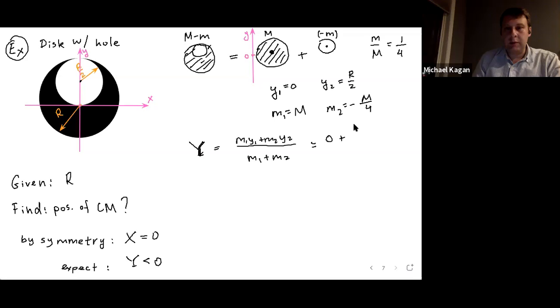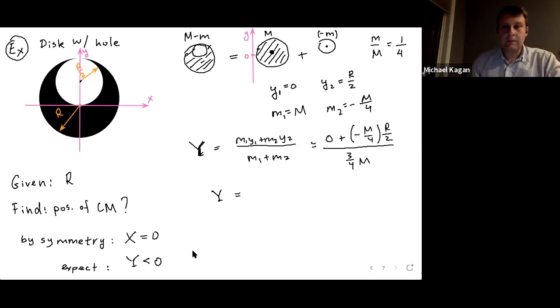The second term, m2, we get minus M over 4, y2 is R over 2, and on the bottom we have 3/4 of M. So if we do the math here, what do we get? Now we got 2 Alvins. Welcome back. So what do we get for the answer?